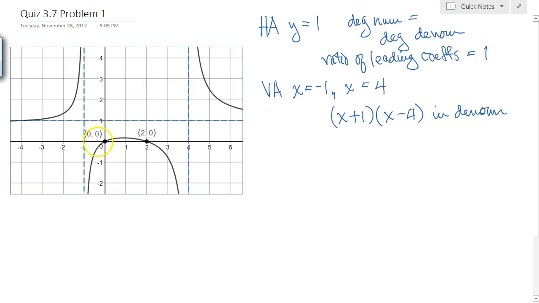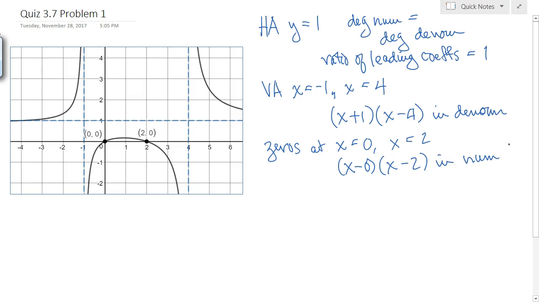Next, I see the points (0, 0) and (2, 0). So what those tell me is I have zeros at x equals 0 and x equals 2. So that says that x minus 0, or just x if you like, and x minus 2 are in the numerator.